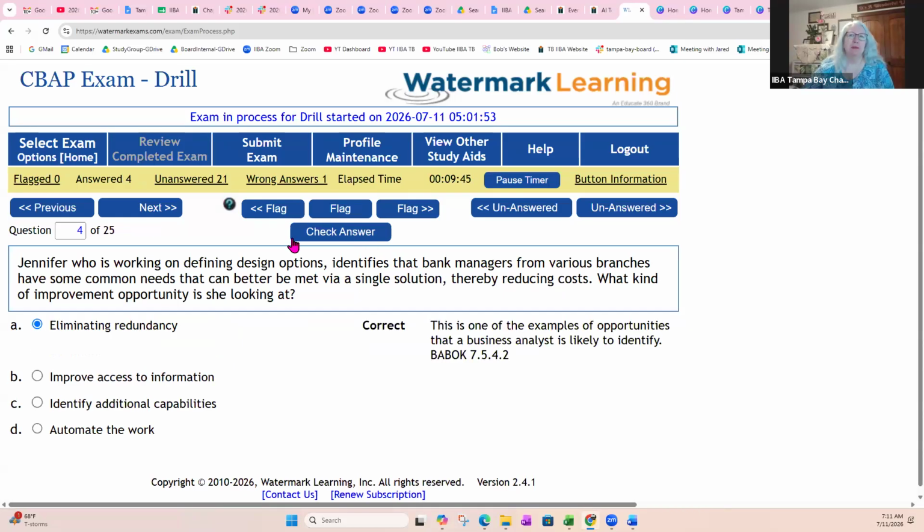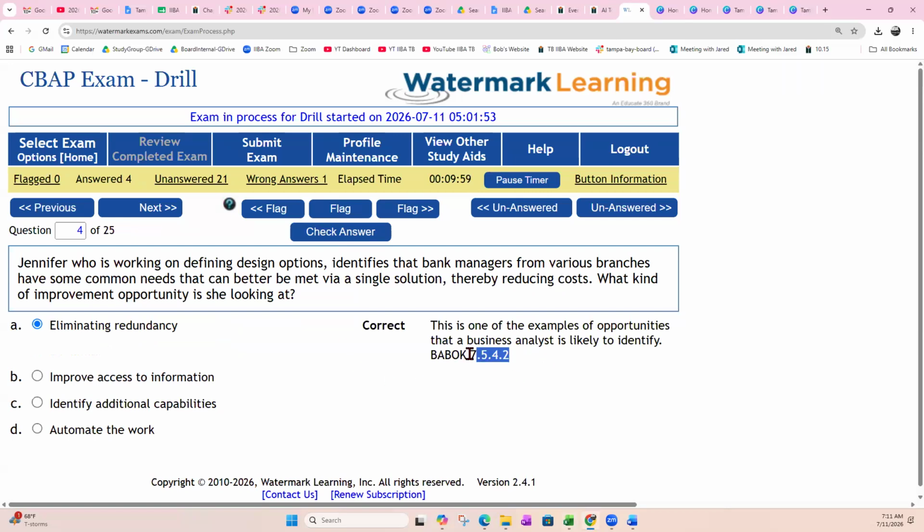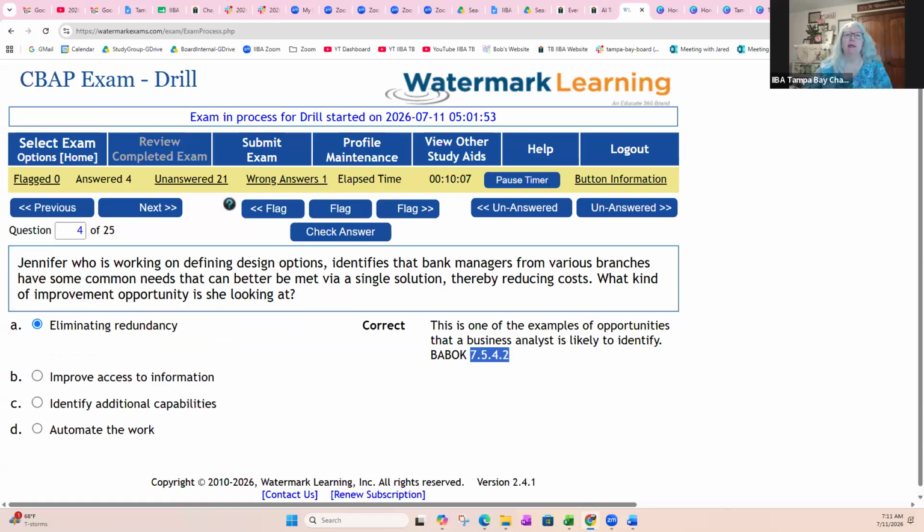This is one of the examples of the business opportunities the business analyst is likely to identify. So we are in define design options. Oh, I got it, it's requirements analysis and design definition. We are in RAD.